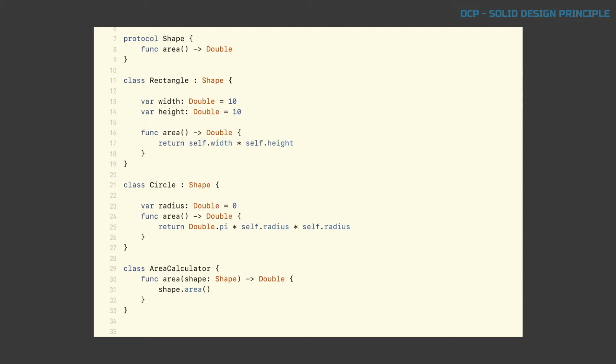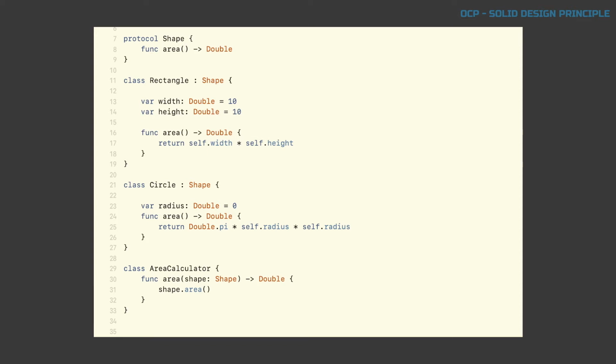Look at the very first part. We have created a protocol Shape, which has a method called area and returns a double. Now any shape which I create, like the very first example, a Rectangle, will conform to Shape and implement the area method on its own.